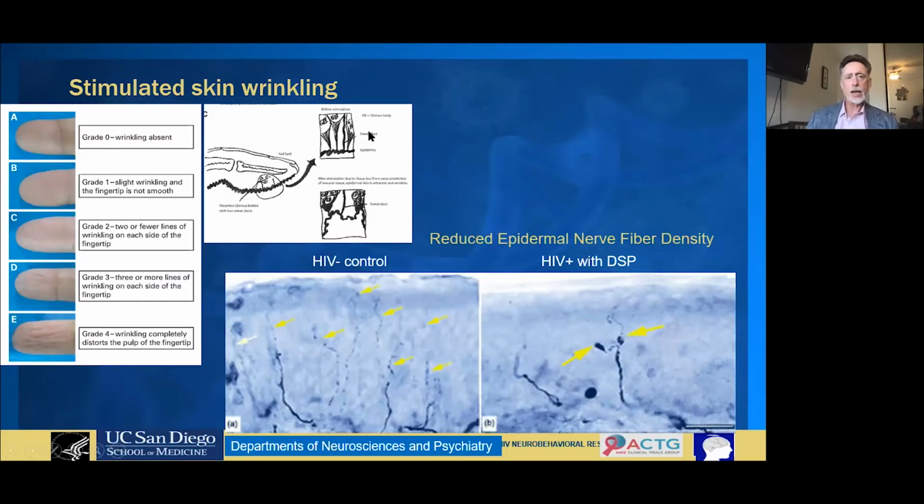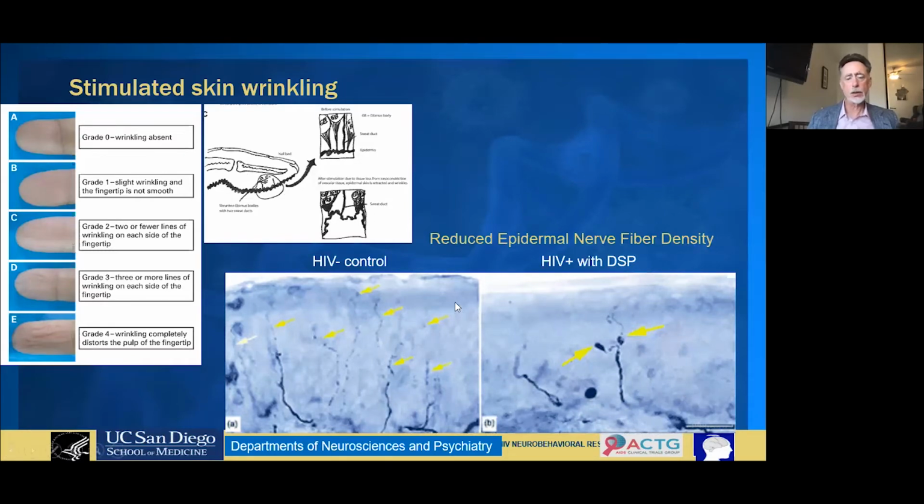And that is actually an active phenomenon, not just a passive waterlogging of the skin. And it has to do with activation of sympathetic small fibers in the skin that retract some of the connective tissue.